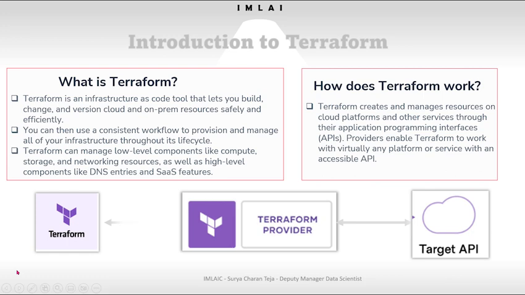Here you see, that's the reason I did not stress this flow chart earlier, because once I show the providers, then if I explain it, it would look much better. So here you have Terraform, then Terraform provider, and then target API.